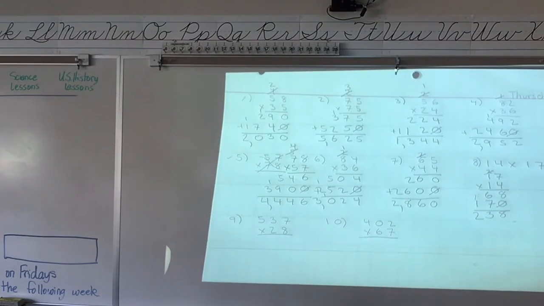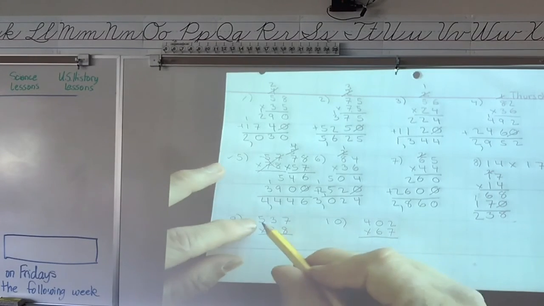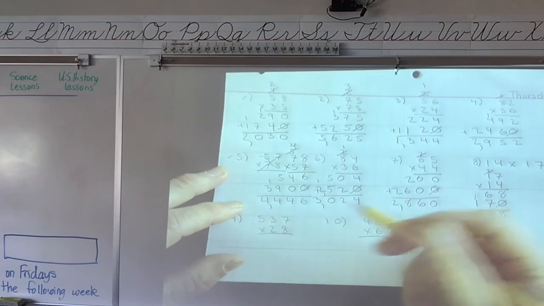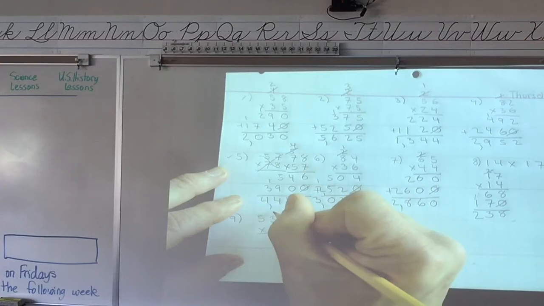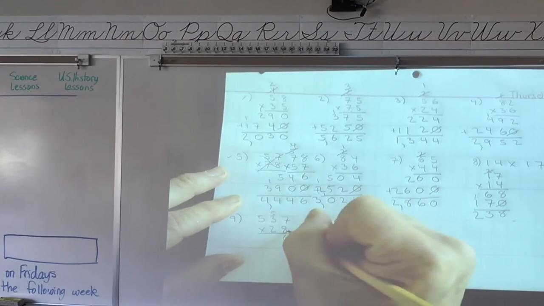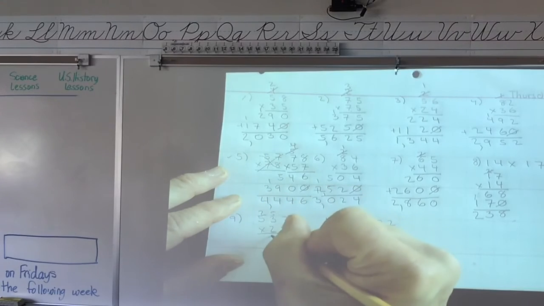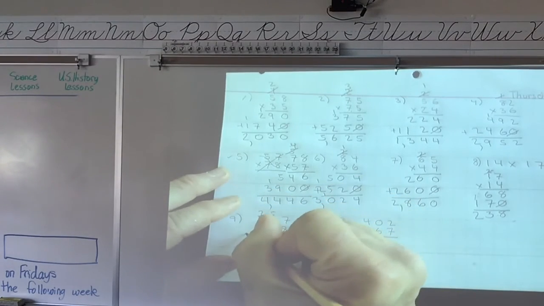And then I decided I would go ahead and over here I would come up with a 3-digit factor on top to see what you could do. Same idea though. So 7 times 8, 56. 3 times 8 is 24, plus 5 is 29. 5 times 8 is 40, plus 2 is 42.